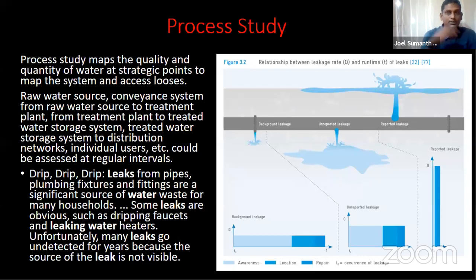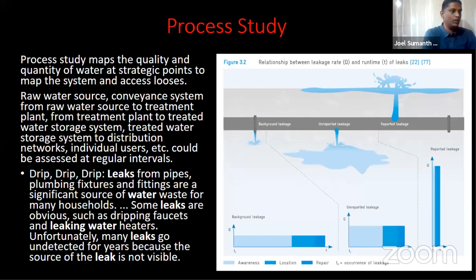So a process study is, we have identified our sources, we have identified our delivery and service points. Now we are going to see what is the quality and quantity of water required for different purposes.